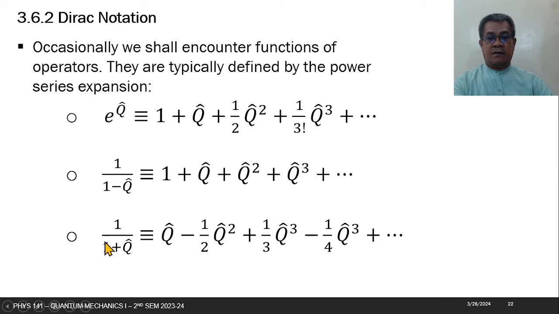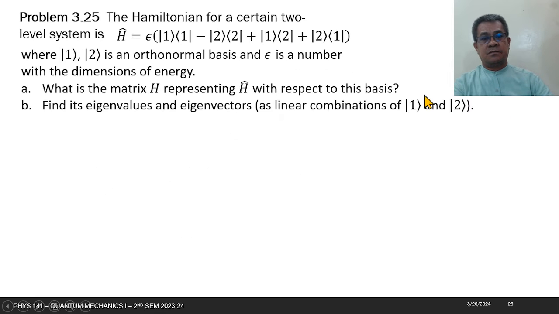And for 1 over 1 plus Q, we have 1 minus Q plus Q squared minus Q cubed, and so on. Okay, so these are all for the Dirac notation. We are just providing the formalism of the notation.